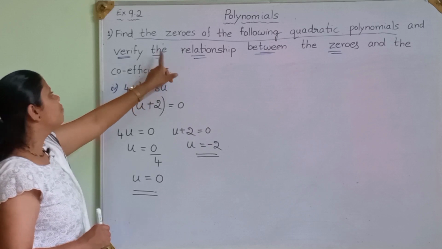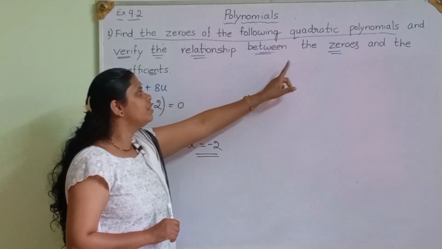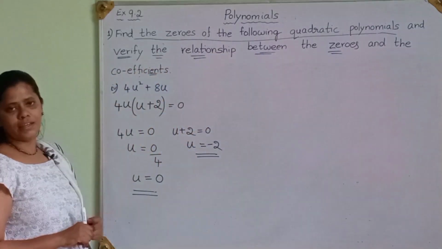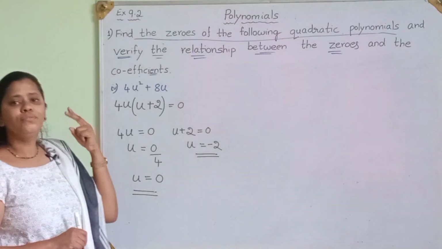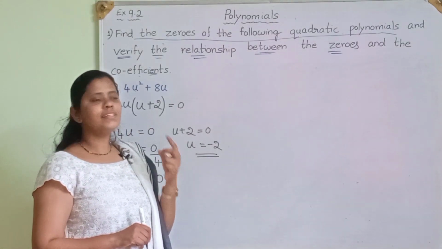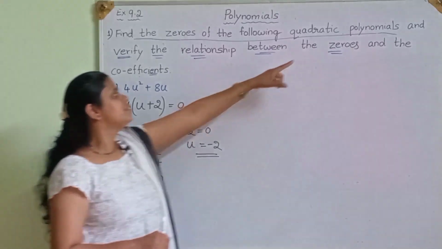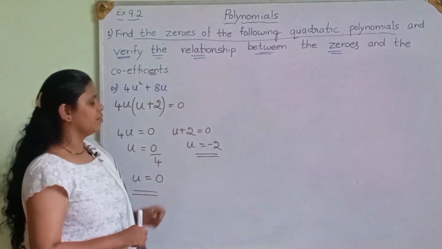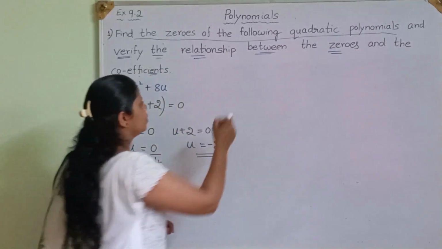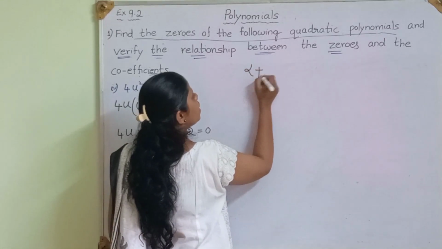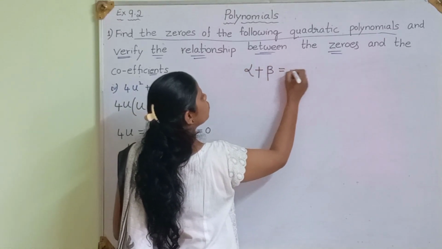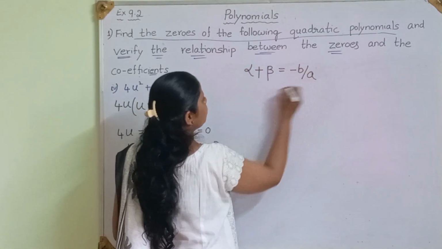What is that? Verify the relationship between the zeros and the coefficients. We have two formulas which say the relationship between zeros and the coefficients. Which are those? The first formula is alpha + beta = -b/a.